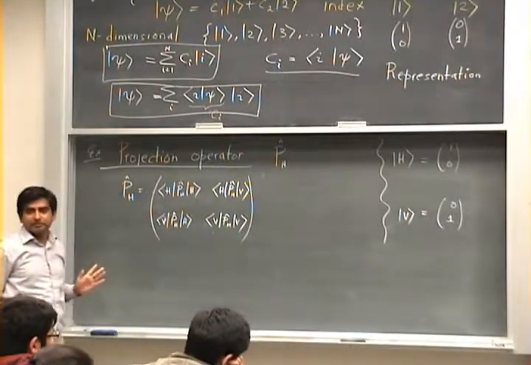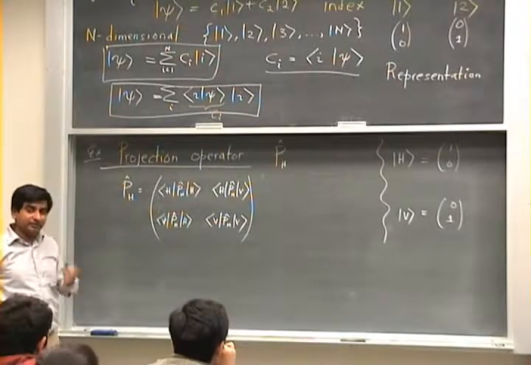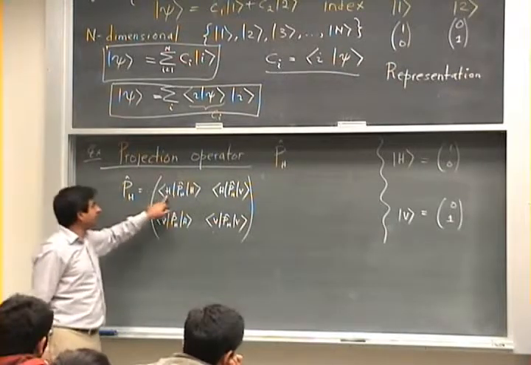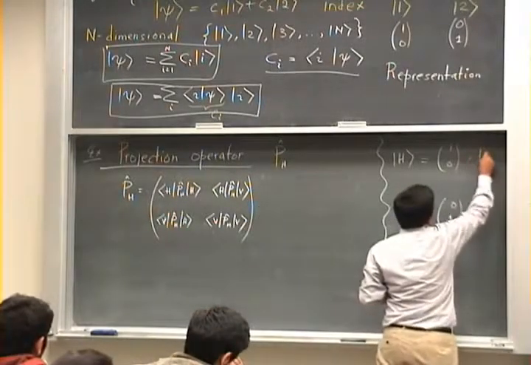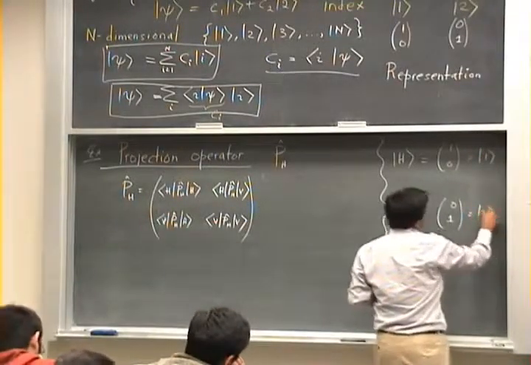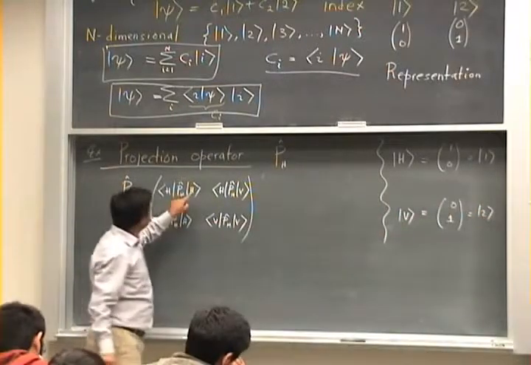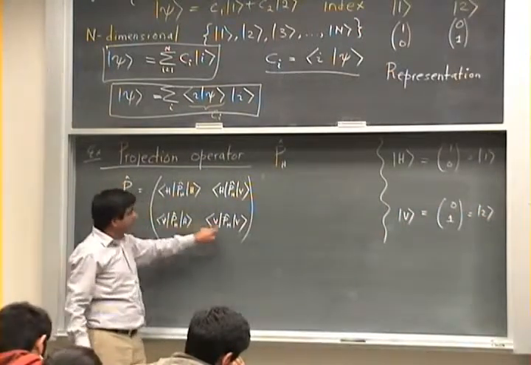Can we work with 1 and 2 for the kets? Yeah, you can write this as 1, you can write this as 2, it doesn't matter. I can call this ket 1, I can call this ket 2. So this becomes 1,1; 1,2; 2,1; 2,2.